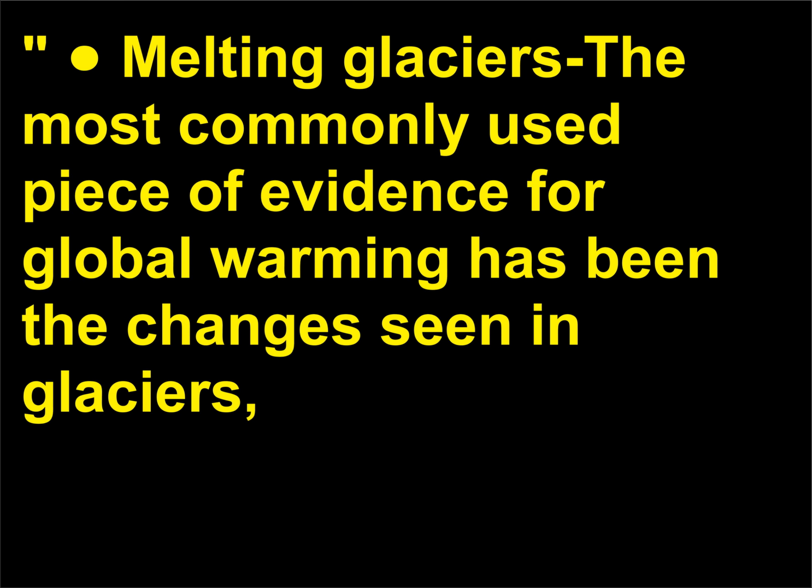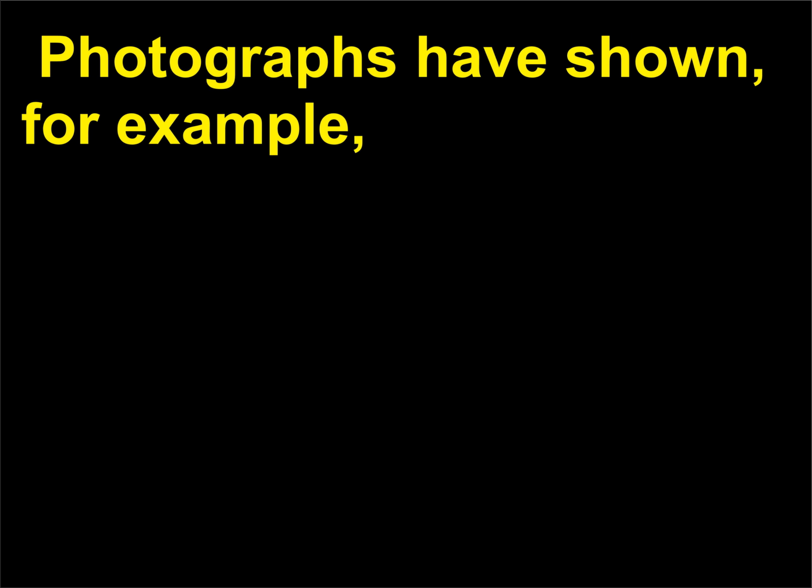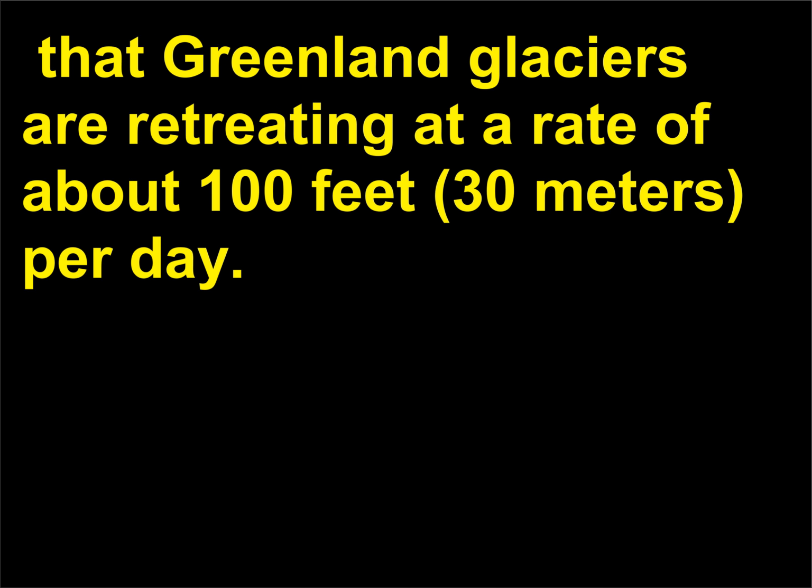Melting glaciers. The most commonly used piece of evidence for global warming has been the changes seen in glaciers, especially in the north, but also in Antarctica and on mountaintops around the world. Photographs have shown, for example, that Greenland glaciers are retreating at a rate of about 100 feet, 30 meters, per day.